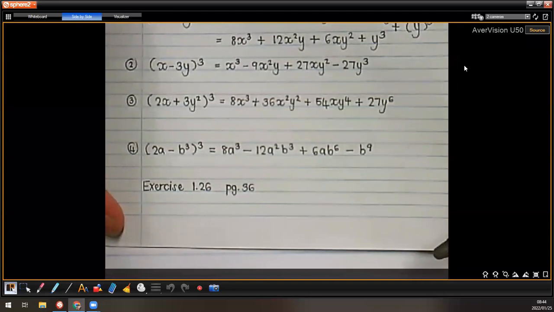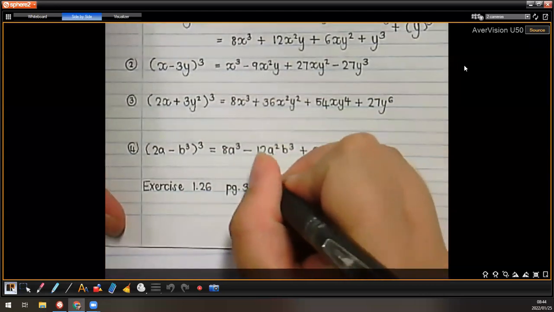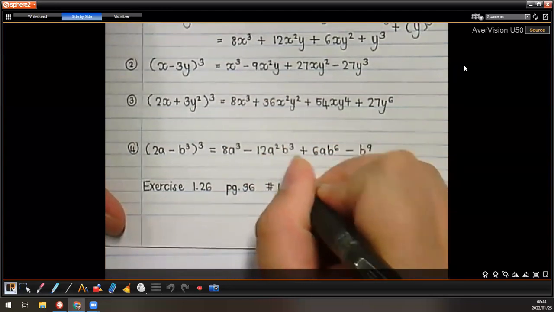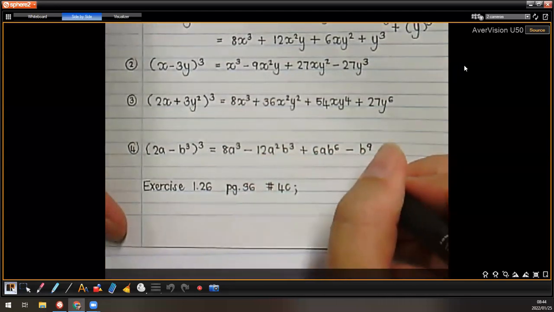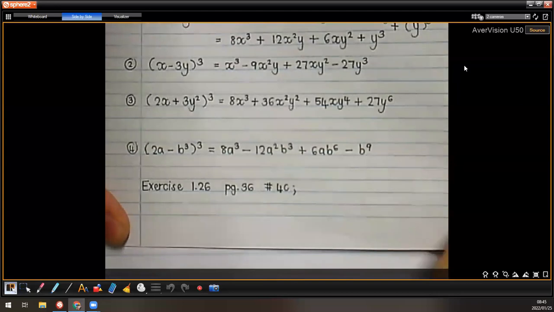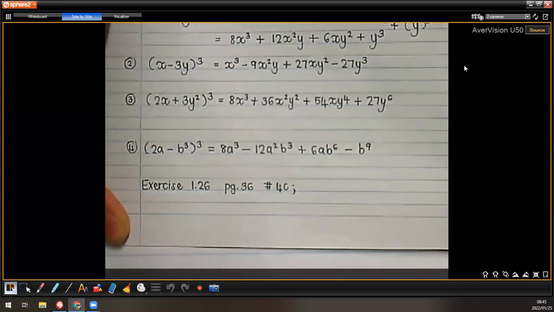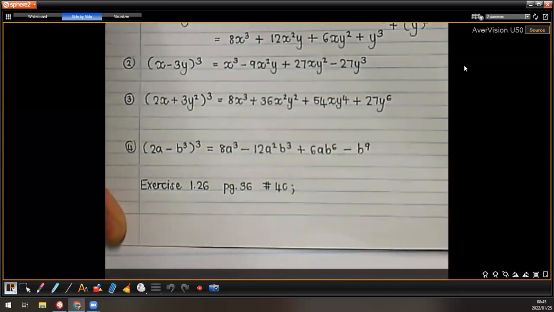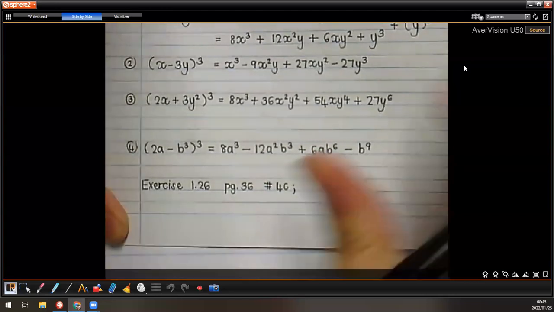I would like you to do number 4C. Guys, when they say expand, obviously they mean multiply out, right? We're giving you two brackets next to each other, and the instruction says expand. You must multiply out and then simplify.